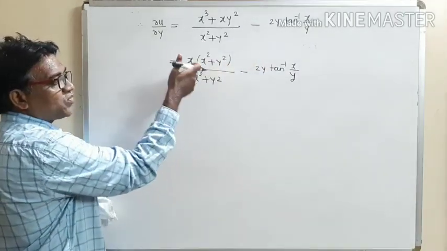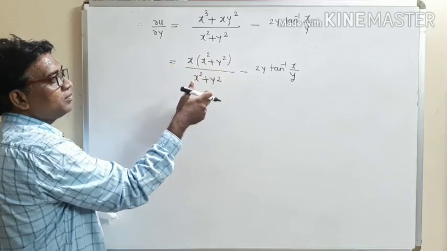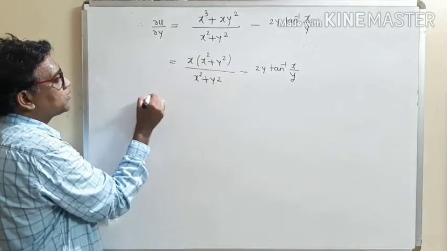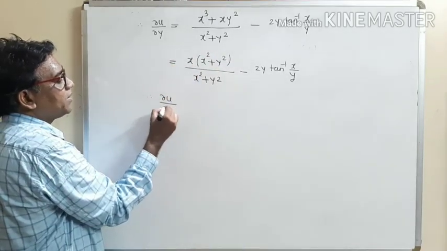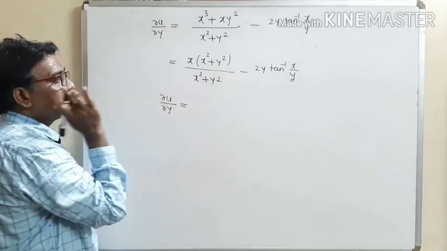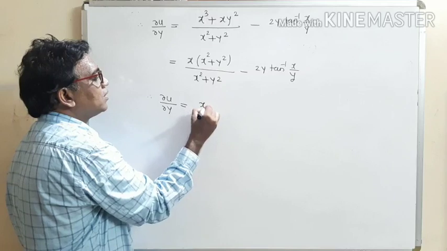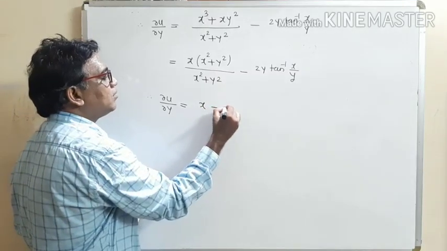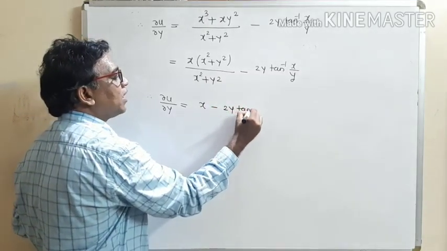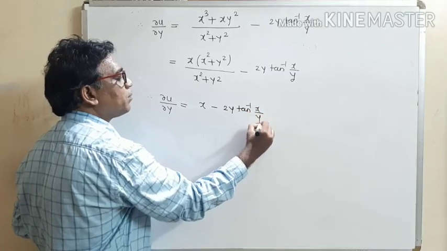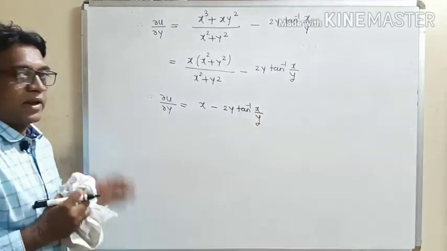So x square plus y square, x square plus y square, it is same term, so cancel x square plus y square. So what is this partial derivative, ∂u/∂y, this is equal to, now cancel this same term, x, it is the remaining term, minus 2y tan inverse x upon y. So this is our partial derivative.